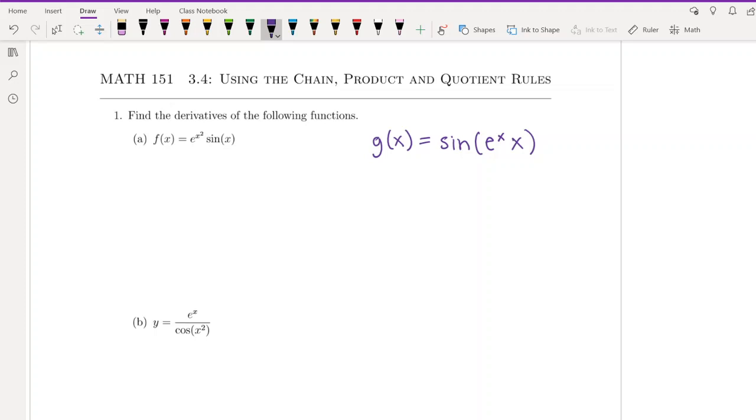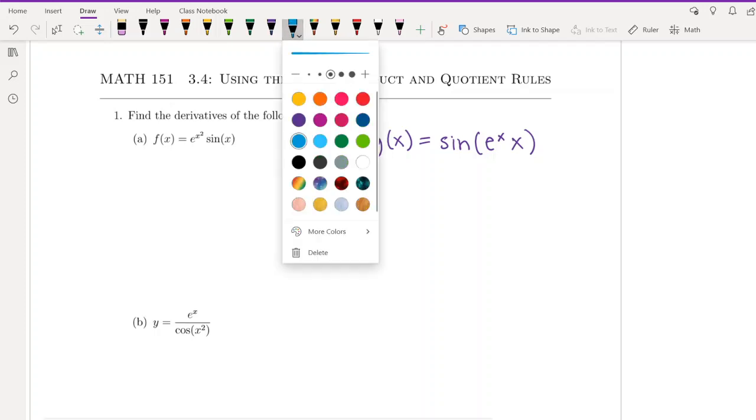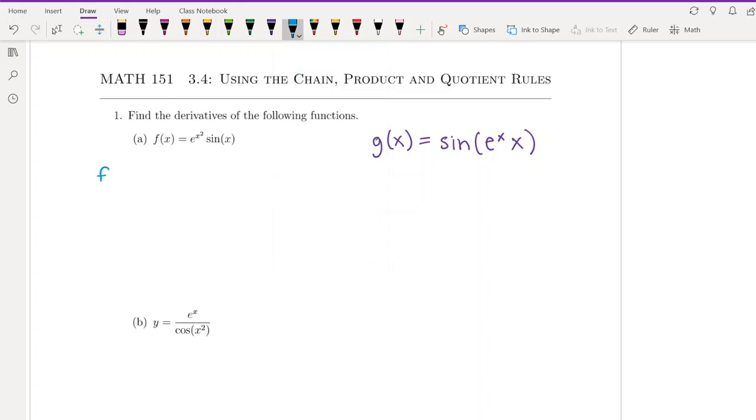So another thing you can do is literally try to write down your function as either a product, a composition, or a quotient. So for example, this first function f of x, we could write f of x as the product of two functions, right?